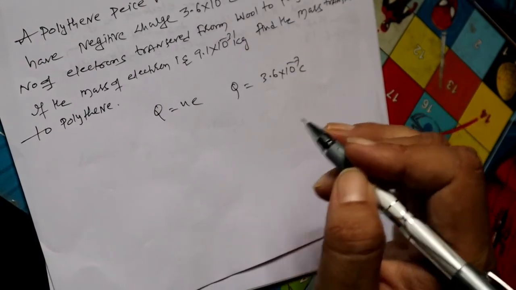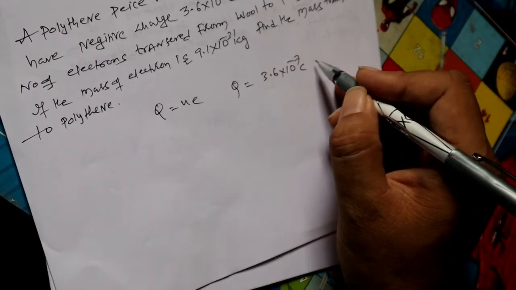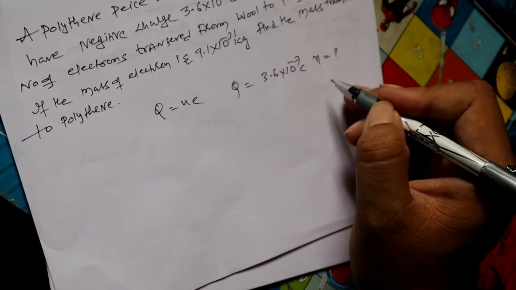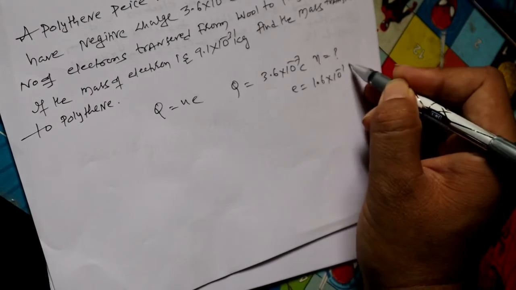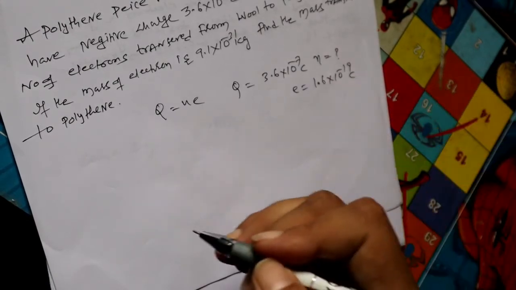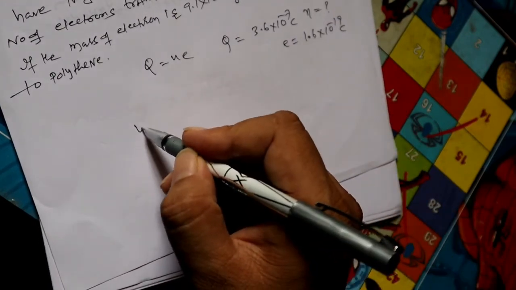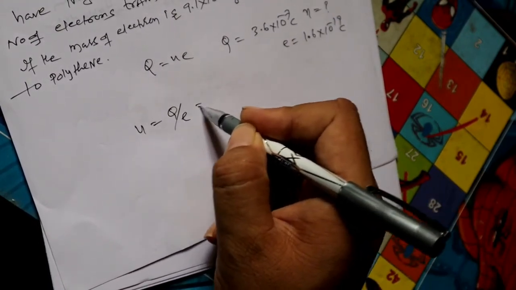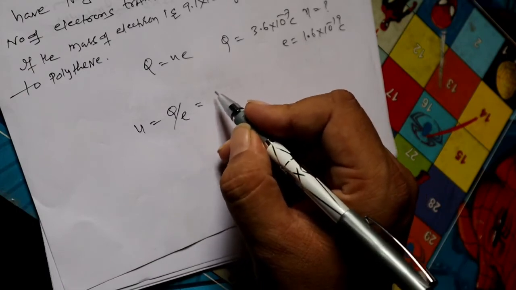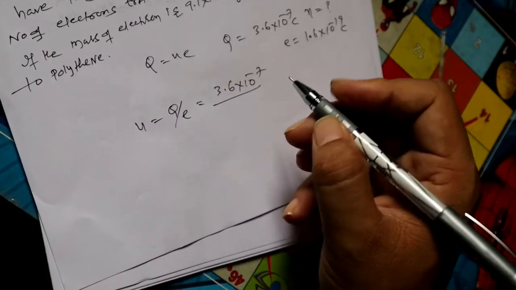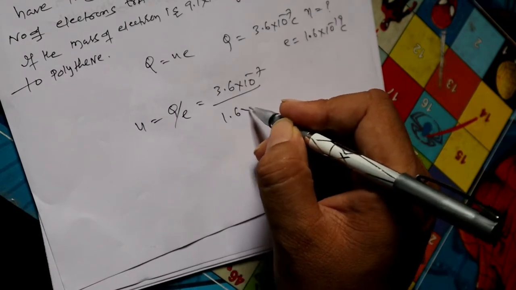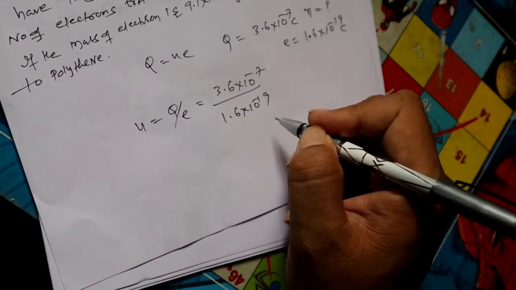N we don't know, and e, the electron charge, is 1.6 into 10 to the power of minus 19 coulombs. So N is equal to Q by e, that is 3.6 into 10 to the power of minus 7 divided by 1.6 into 10 to the power of minus 19 coulombs.